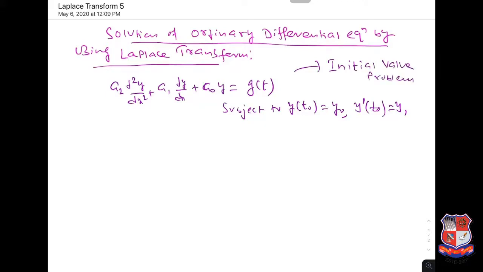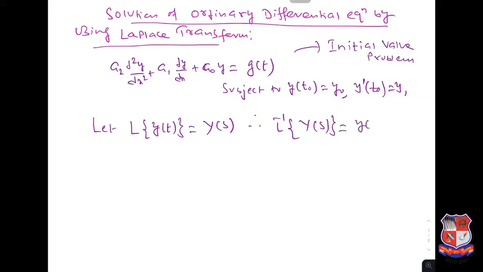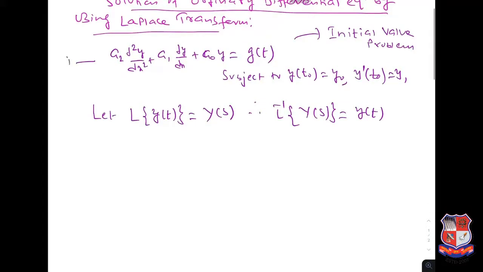Now see how to solve by using Laplace transformation. So let Laplace transformation of y of t equal to Y of s, and therefore inverse Laplace transform of Y of s is y of t. Now this is the equation.